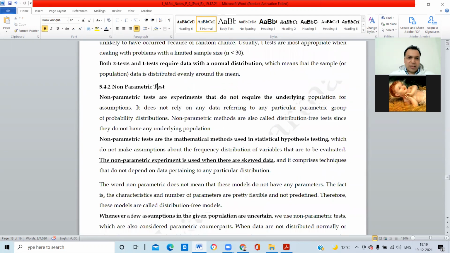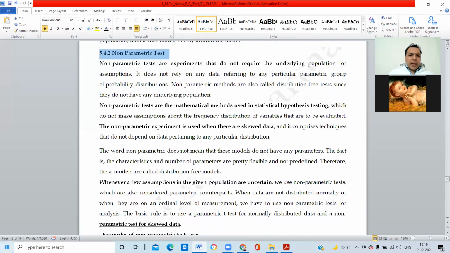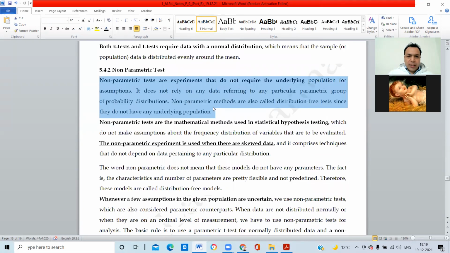Now we discuss the non-parametric test. What are the non-parametric tests? Non-parametric tests are experiments that do not require assumptions about the underlying population. They do not rely on any data referring to a particular parametric group of probability distribution.